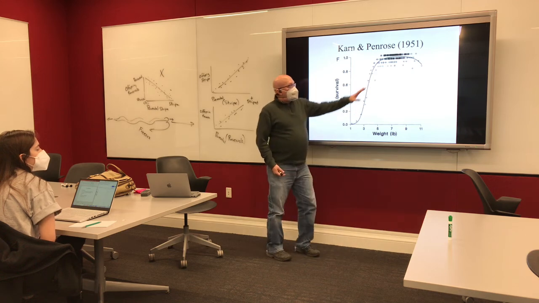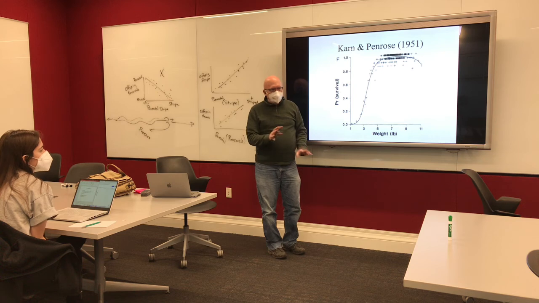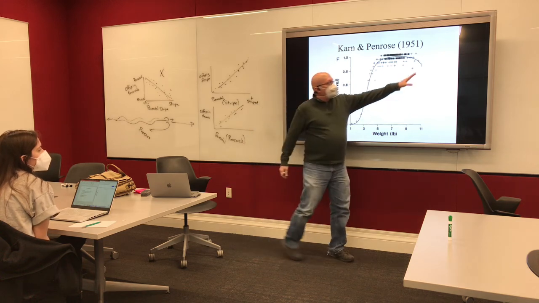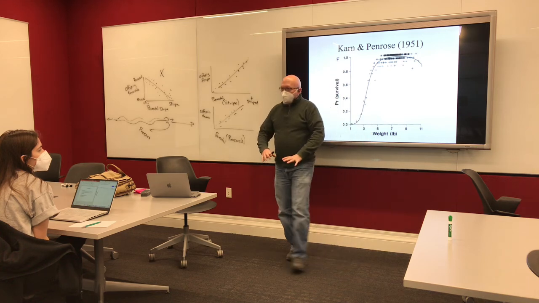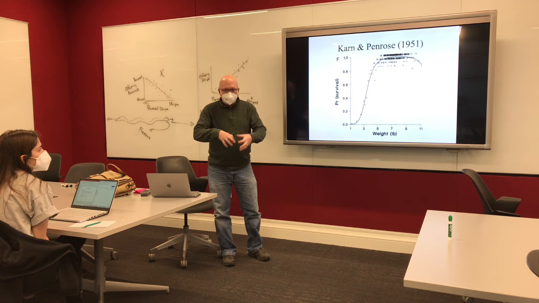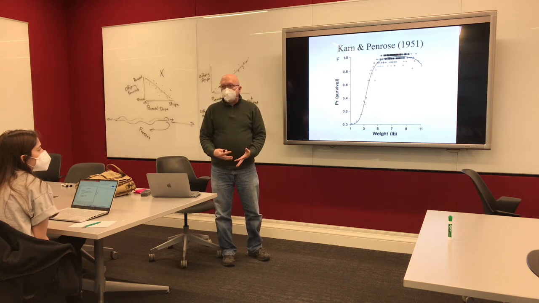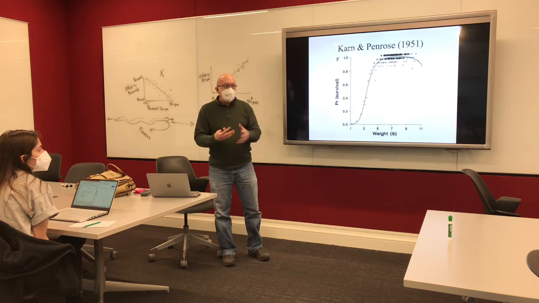If you're a premature baby, your probability of survival plummets drastically. But also, if you're too big, your survival goes down as well because you just have trouble passing through the birth canal. Women's birth canal is surrounded by a rigid pelvis that doesn't really flex very much. So if you're too big to go through there, a lot of times the baby dies and the mom dies back in the day.